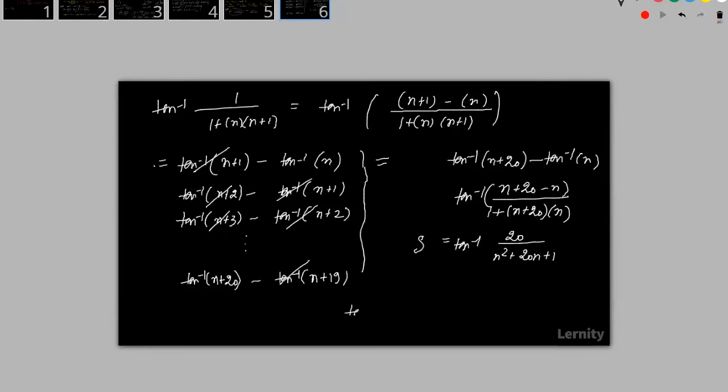Now if I take tan of s, tan of s is tan of tan inverse, so this becomes 20 by n square plus 20n plus 1. So the answer is option C. This was asked in 2013.